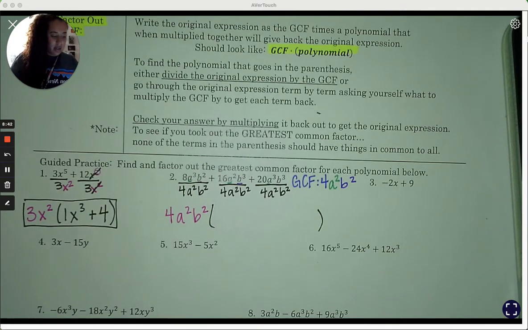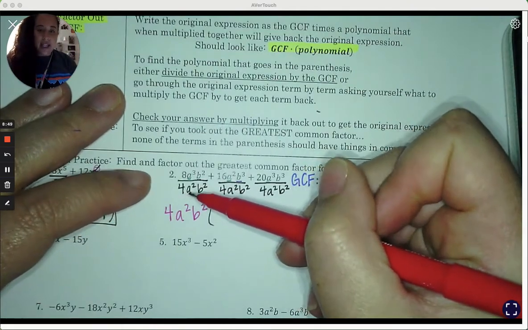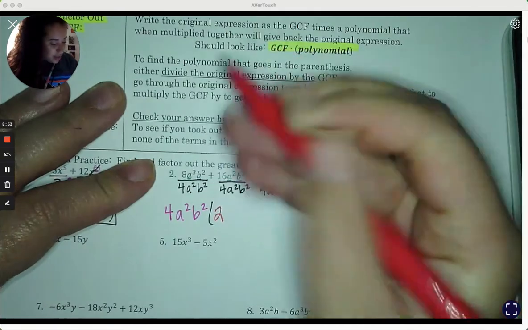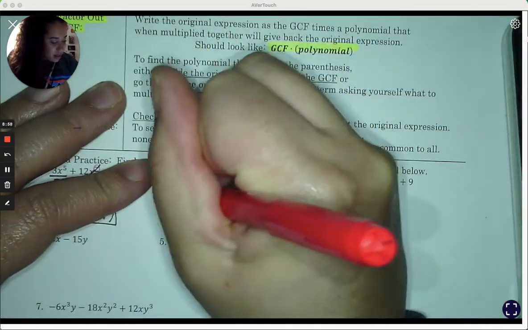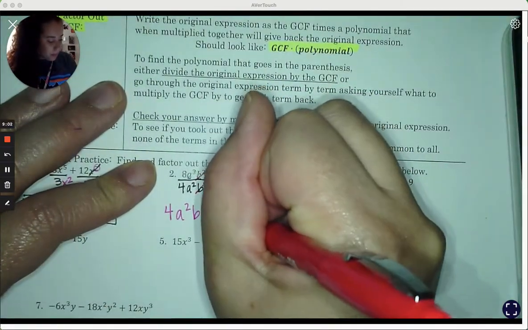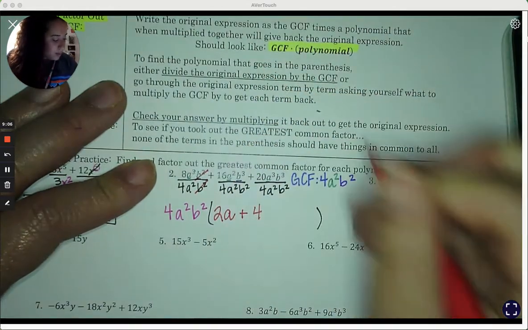Okay, so looking at the first term, 8 divided by 4 is 2. 3 minus 2 is 1. The b squareds cancel out. So I'm going to move on to the next term. 16 divided by 4 is 4.